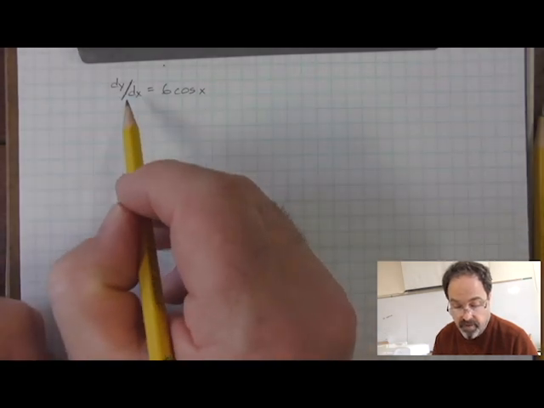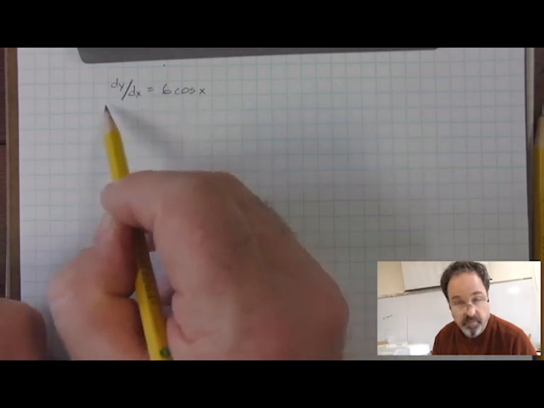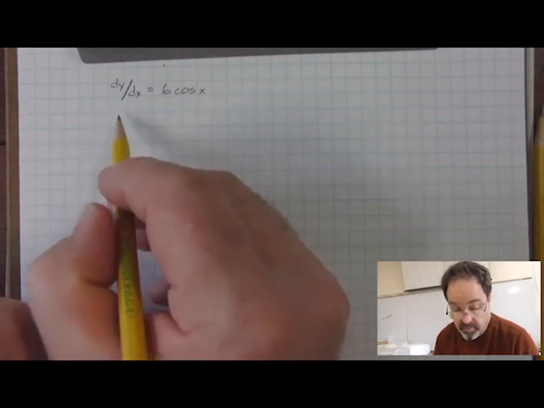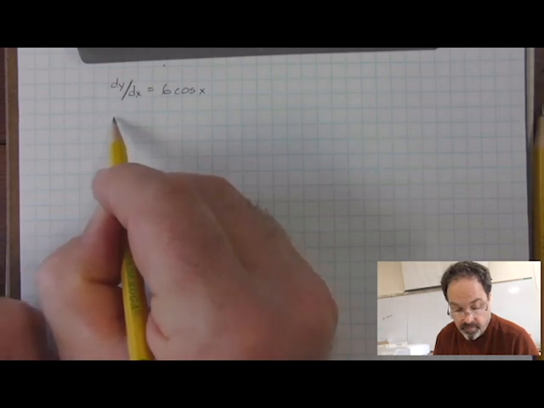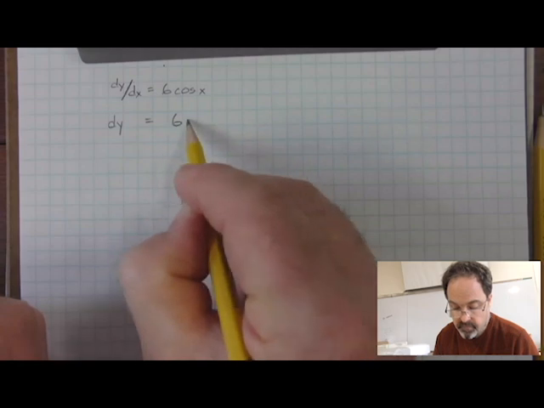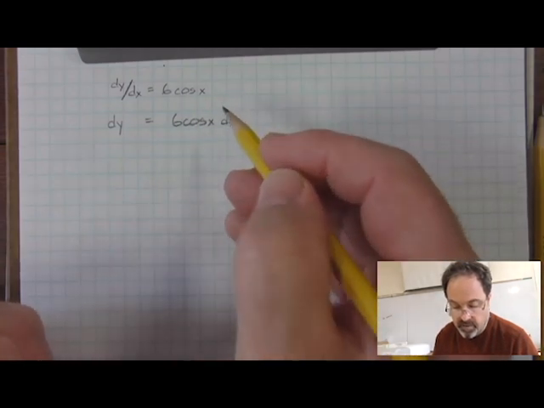On this fraction, if I multiplied by dx, then I would cancel out the division by dx. I'm going to multiply both sides by dx, and when I do, I get dy by itself is equal to 6 cosine of x times dx.